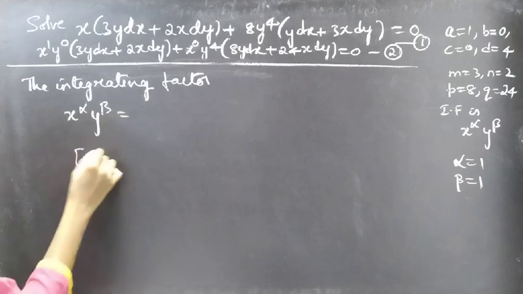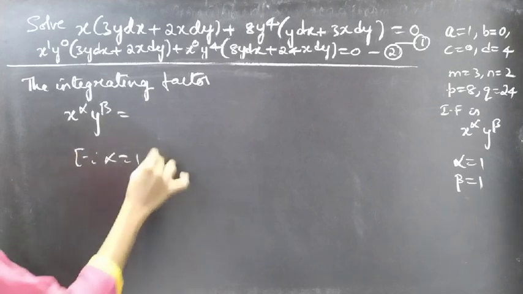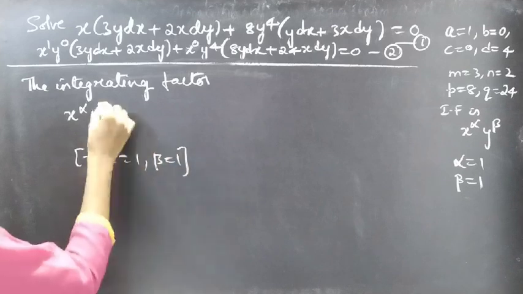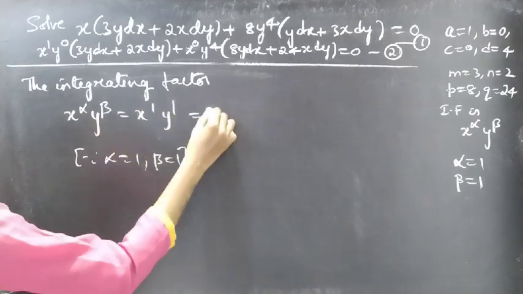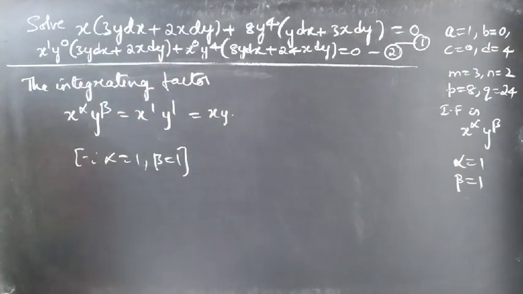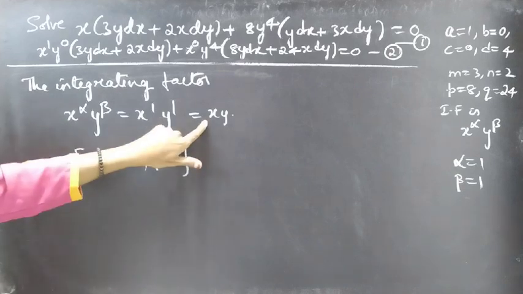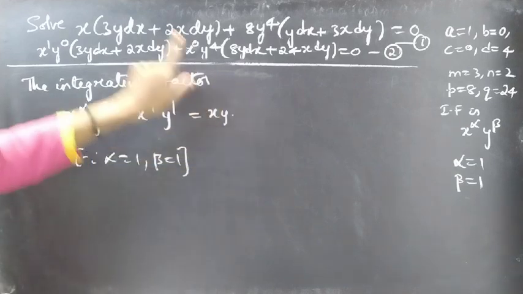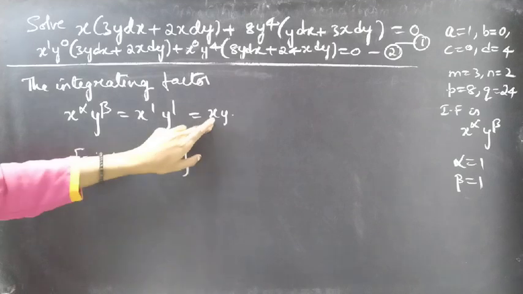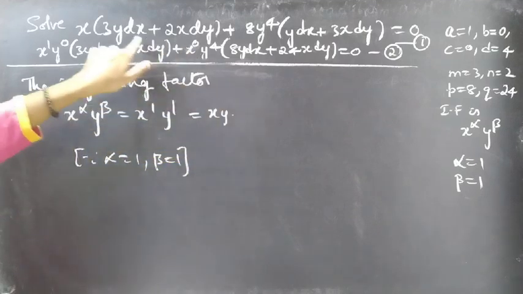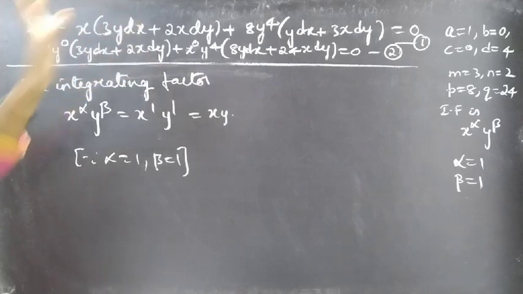Since alpha equal to 1 and beta equal to 1, the integrating factor will be x power 1 into y power 1, which is xy. So we got the integrating factor. Now multiplying this integrating factor to the given differential equation, the given equation is reduced to an exact equation.